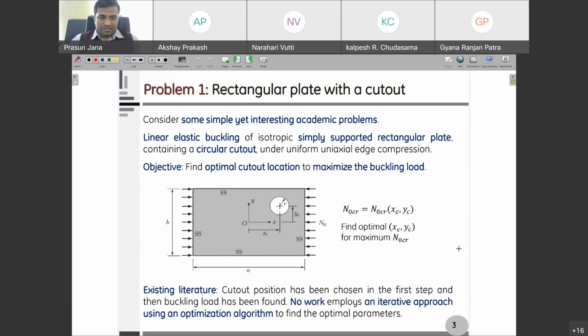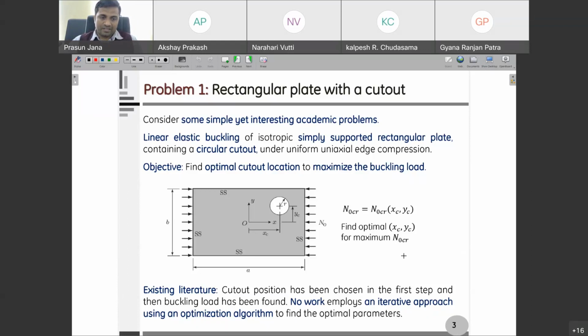Okay, so there will be two software packages here: one for the finite element analysis and another for the optimization study.